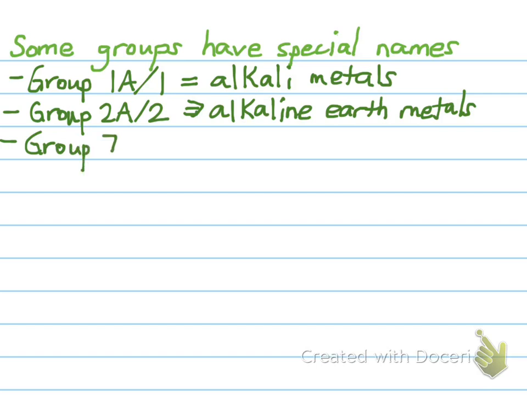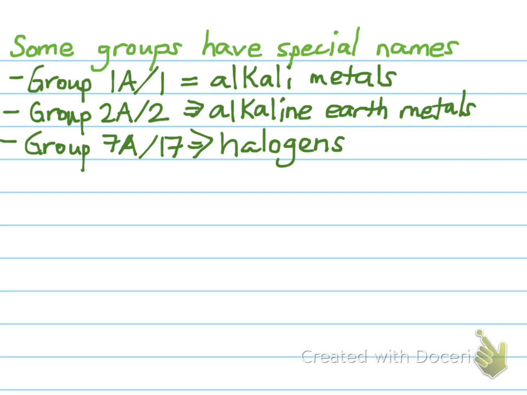Group 7A or 17 are called the halogens. Now you might have heard of the last two. You might have heard of alkaline or even alkali with respect to batteries. And you might have heard of halogen before with respect to lights, particularly really bright lights. So sometimes cars are manufactured so that their headlights are a halogen headlight.